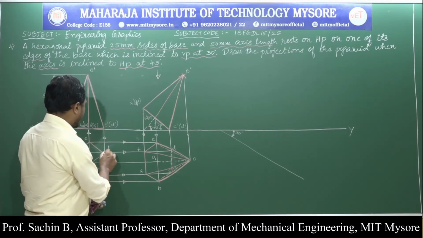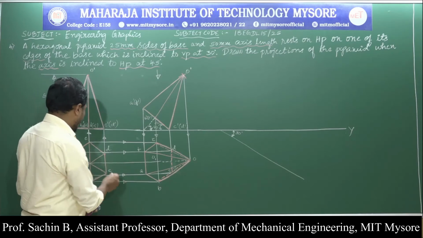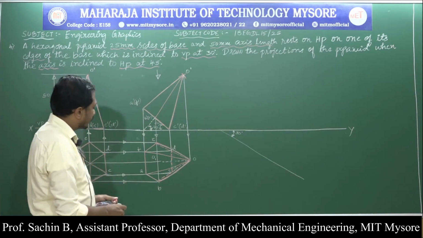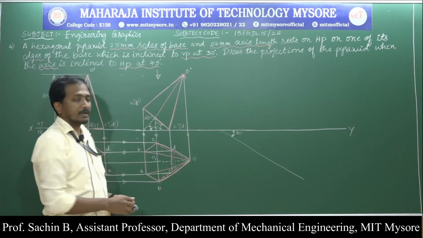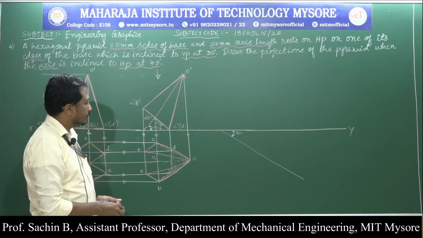Even if I measure it from the first position of the object, the true length will remain the same for the remaining portion of the object.